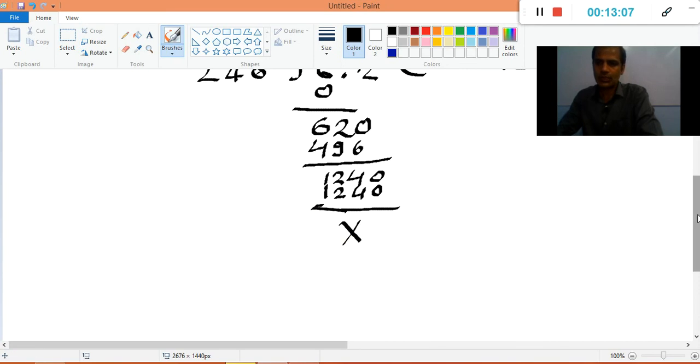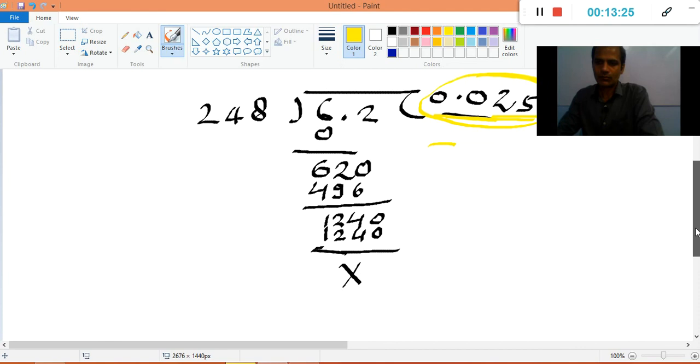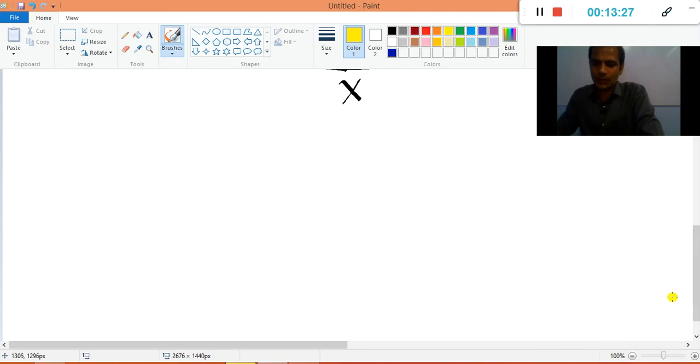So our answer is 0.025. Okay students, this is the answer 0.025. So in this question you can show the division in your fair copy. Note it down. Okay, so this was the sixth part of third question.